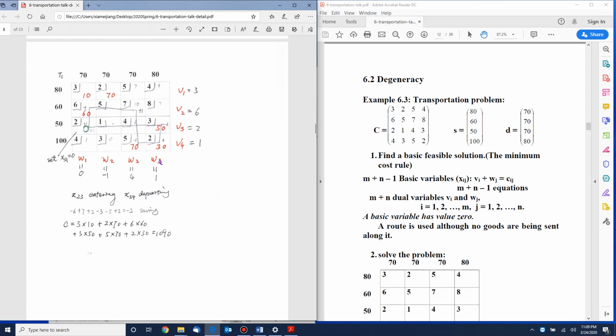Okay, and now once we set up x31 to be a basic variable with zero value, then we can work out the vi plus wj for those non-basic variables.